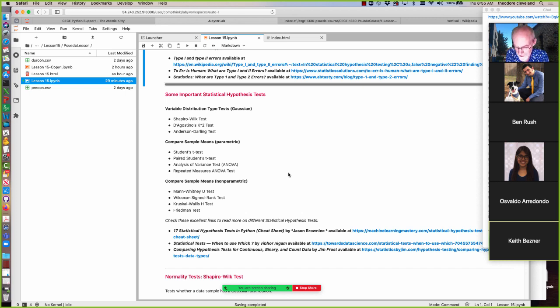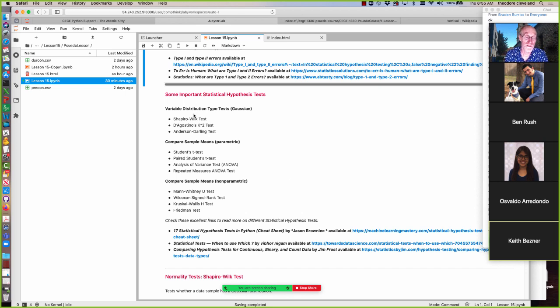The parametric tests, by definition, depend on some underlying distribution. It doesn't have to know what the parameters of the distribution are, but it does have to know that the data is from a distribution. And the non-parametric tests make no such assertions. So the non-parametric tests can be used on pretty much any kind of data. Naturally, the trade-off is they have quite a bit less power. So the value of beta, that type 2 error, goes up on non-parametric tests.